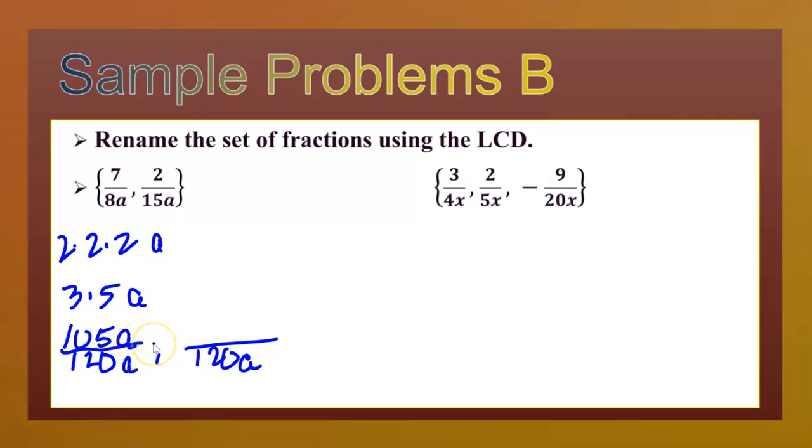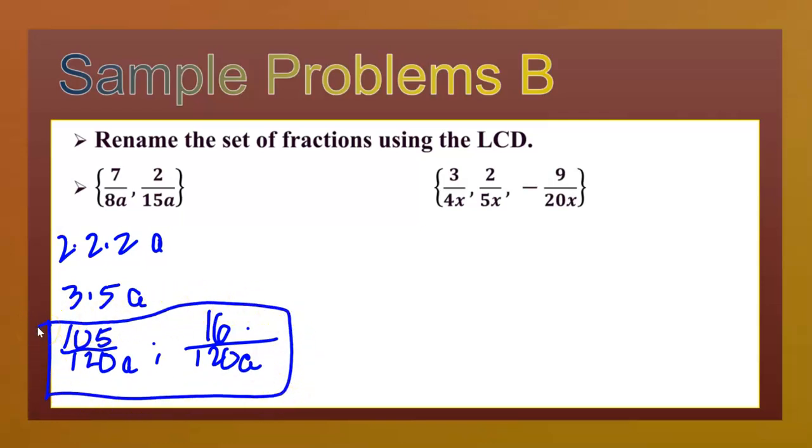And then the other one, 15 times what gives us 120? 15 times 8 is 120, so 2 times 8 is 16. We wouldn't have to multiply it by the a, so I got to erase this a up here. So this would be our renamed fractions.